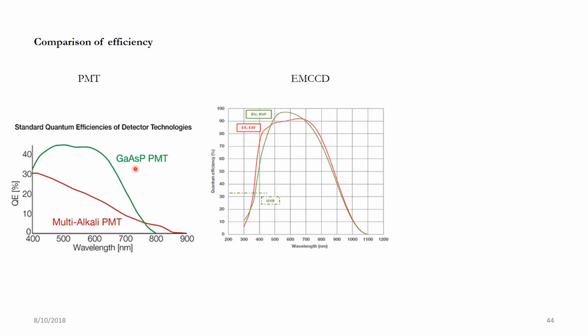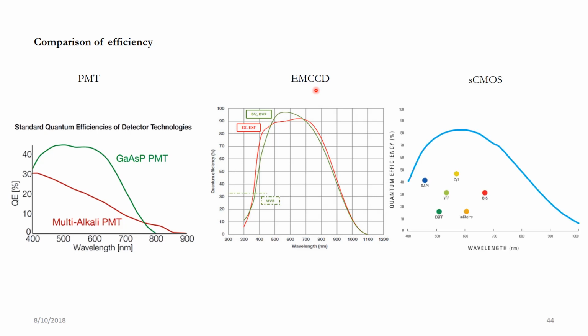Next is EMCCD. EMCCD can give you almost 95% efficiency, which is amazing. But of course they come with a cost. Each PMT can cost you just like $1,000 or $2,000, but EMCCD can be as much as $32,000, $35,000 for just 512 by 512, which is really expensive, like 16 times.